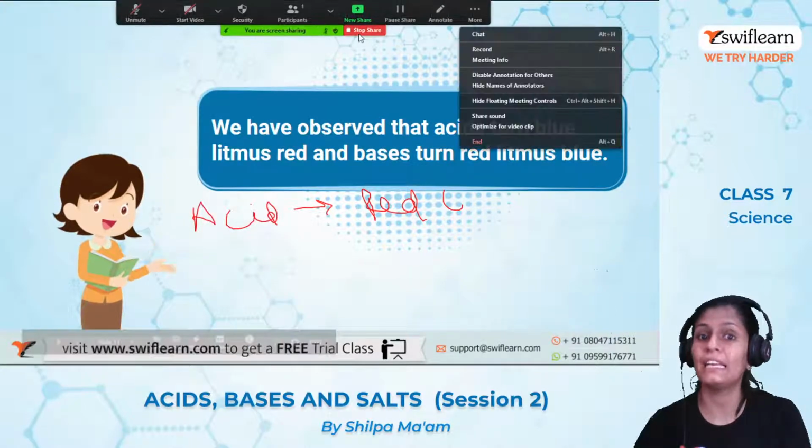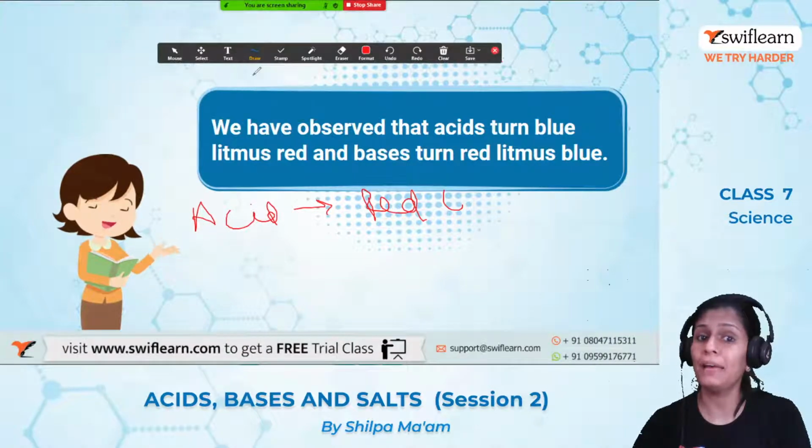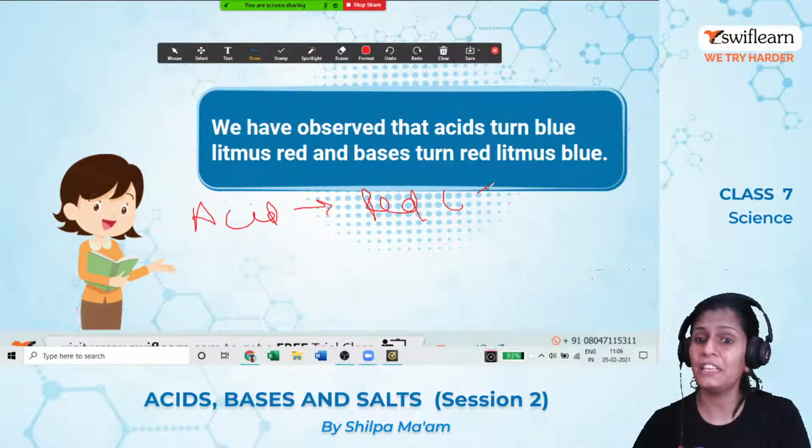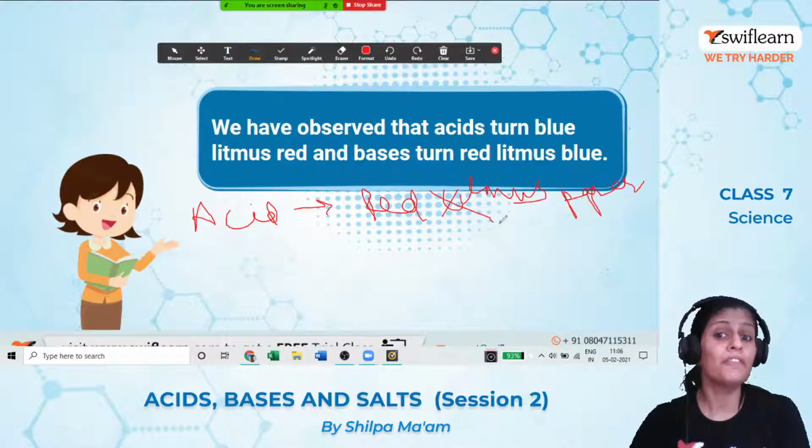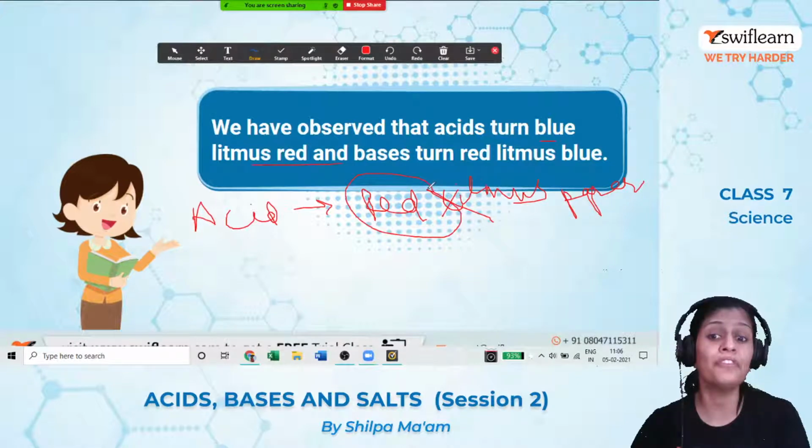If we take a red litmus paper to check whether a given substance is an acid or not, is it going to show any difference? No, not at all. Why? Because acids turn blue litmus paper red, but they will not have any effect on red litmus paper. So the red litmus paper is going to stay like that only.